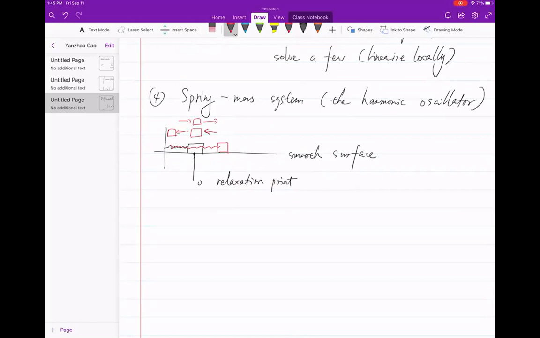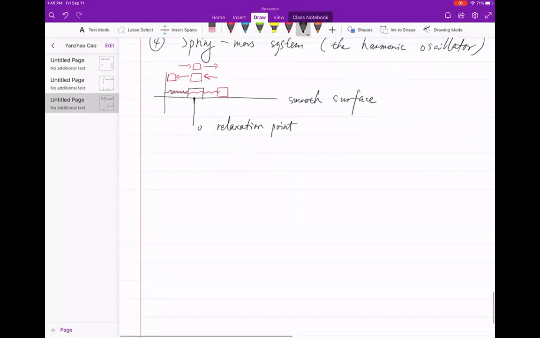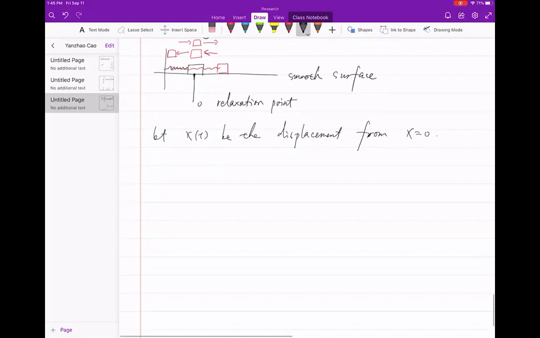Okay. Can we set up an equation for this? Let x be the displacement from x equal to 0.